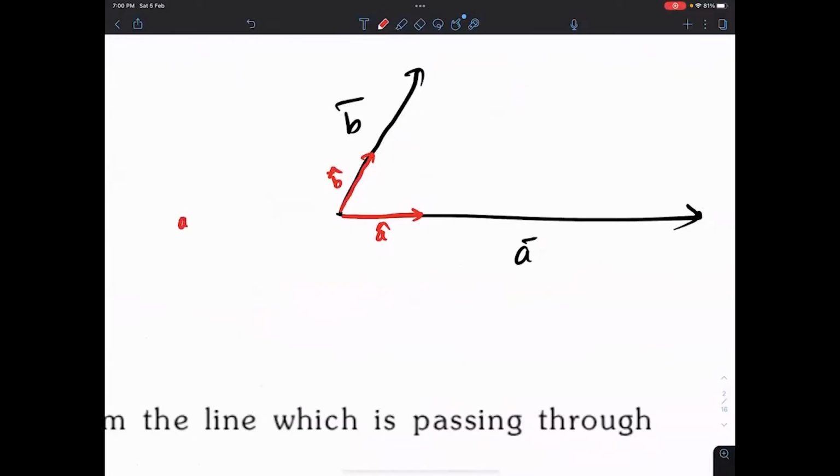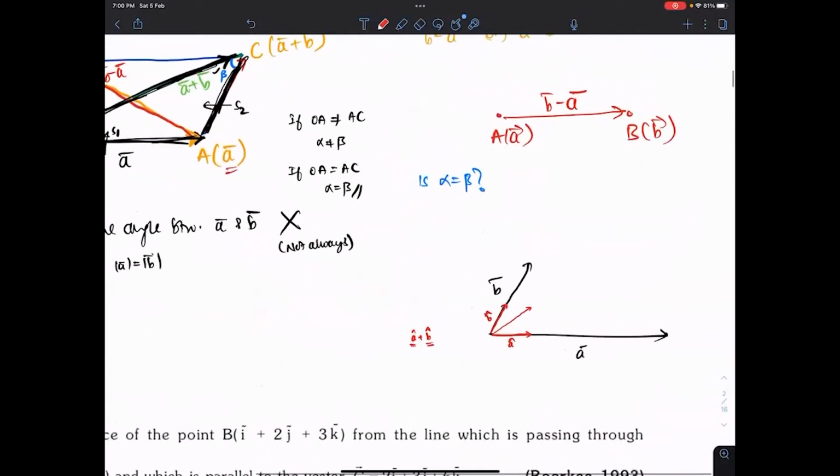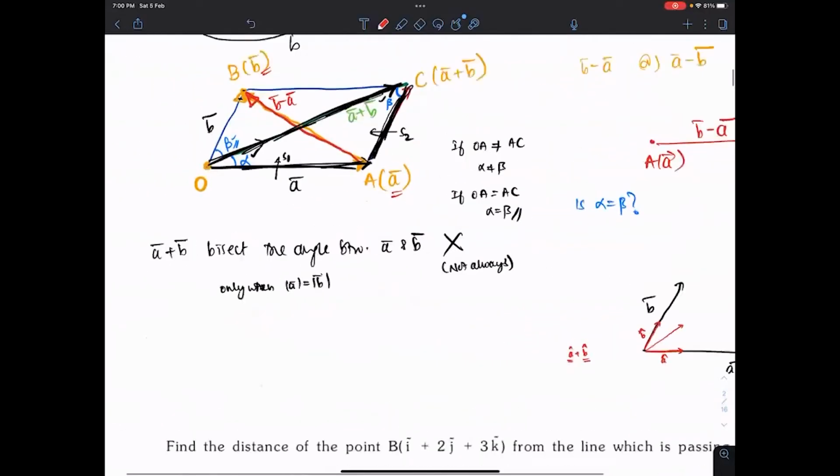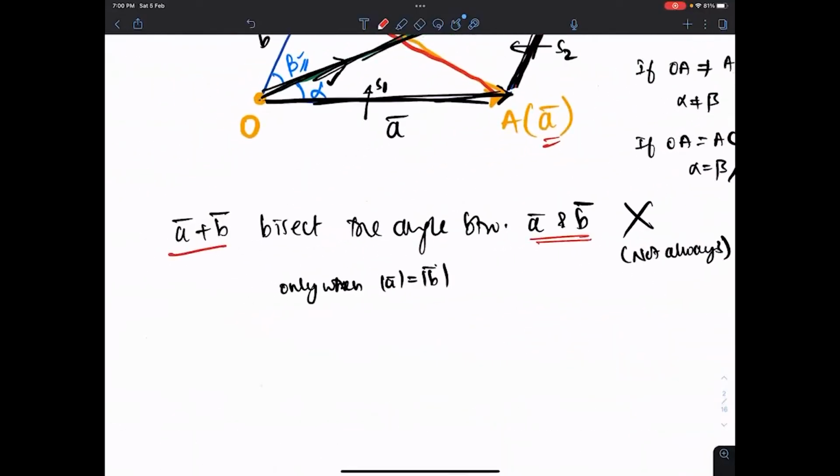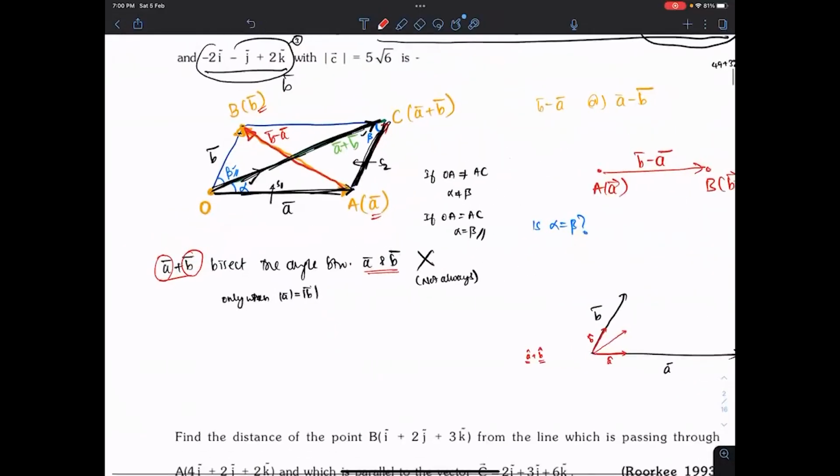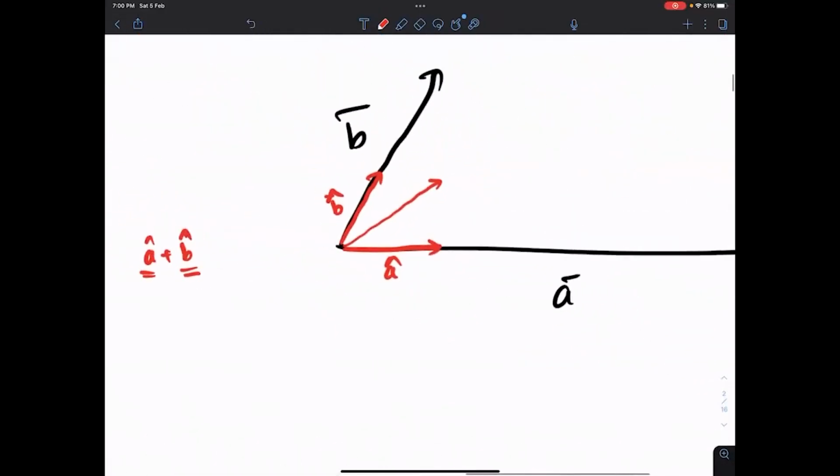Now if I add A cap plus B cap, these two are same length. Na? So that resulting vector will now bisect what we have learned here. Does A bar plus B bar bisect the angle between A bar and B bar? No. When will it bisect? If these two vectors are of same length. Now here also, A cap, B cap are same length only. Na? Okay. Then A cap plus B cap should bisect the angle between A cap and B cap.